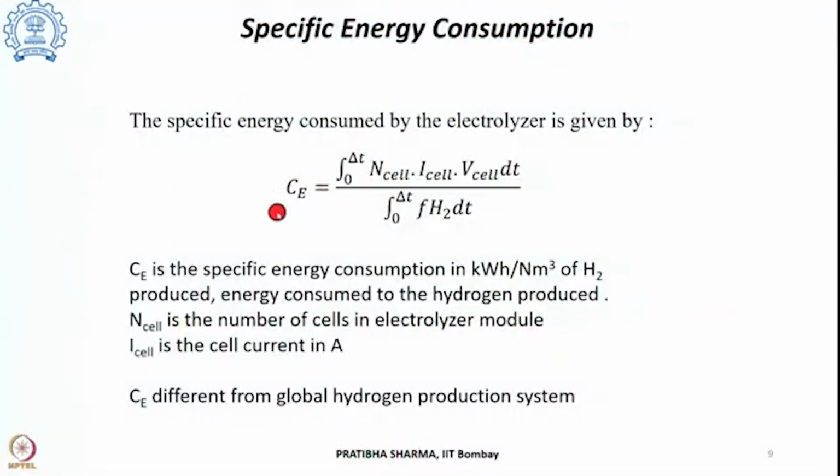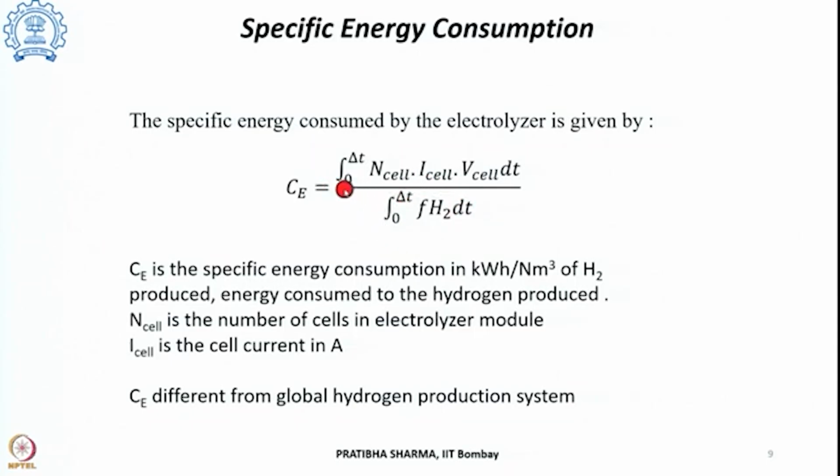Now how much energy is consumed in an electrolyzer to produce a certain amount of hydrogen is given by the specific energy consumption. So the specific energy consumption, which is CE here, is in kilowatt hour per normal meter cube of hydrogen produced, and this is given by the amount of energy consumed to produce hydrogen divided by the amount of hydrogen produced, so the amount of hydrogen produced is in the denominator.